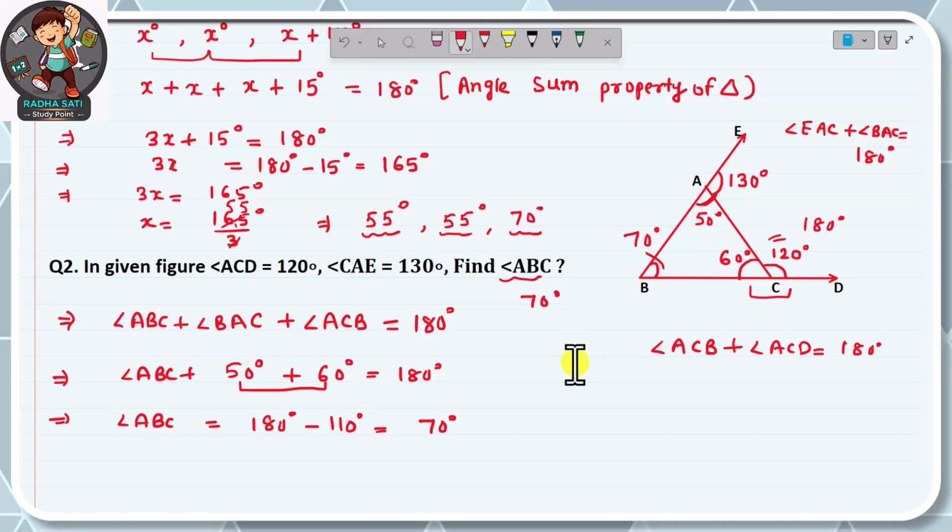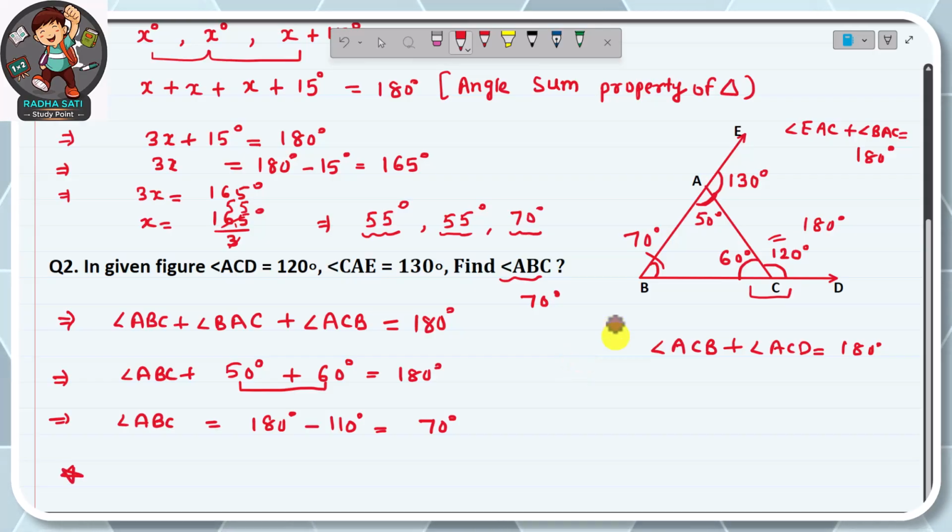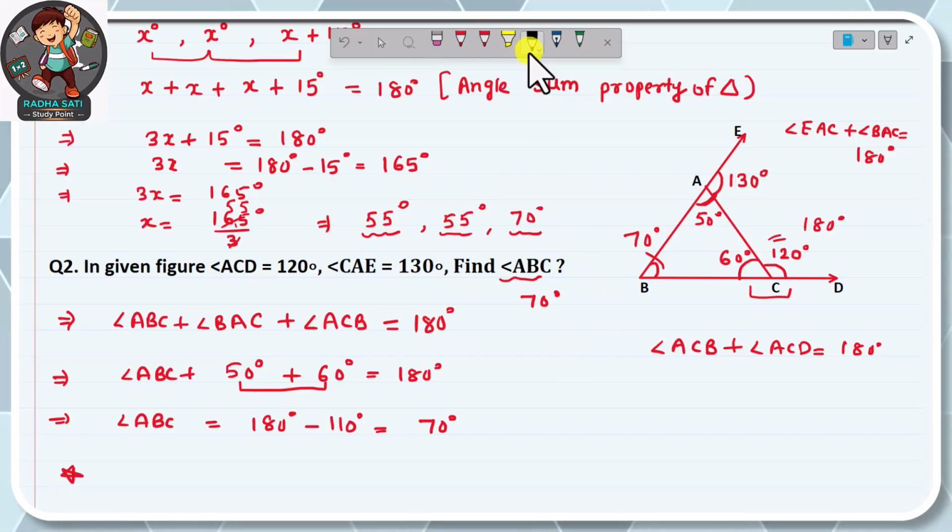And we can find this out by another way also. So let's learn what the way is. Let me take another color. Now, you know this angle EAC is 130 degrees, it is given. And this is the exterior angle. What are its two opposite interior angles?